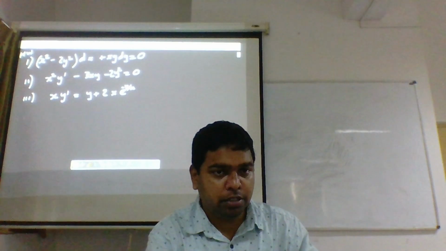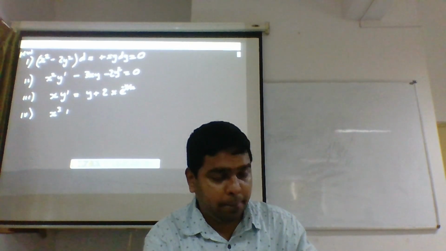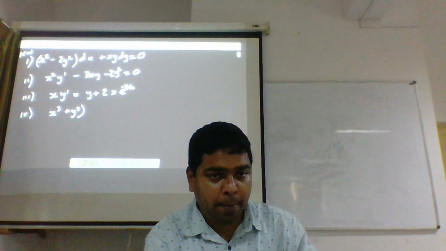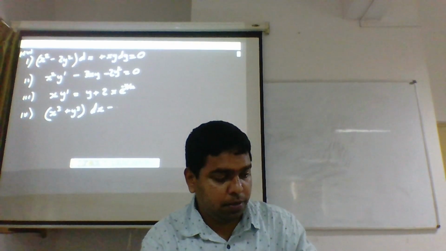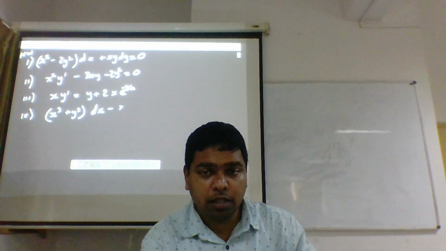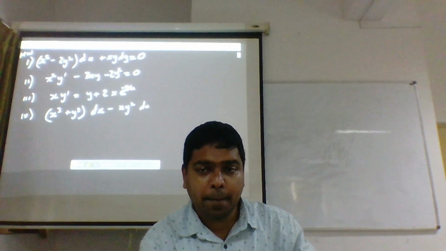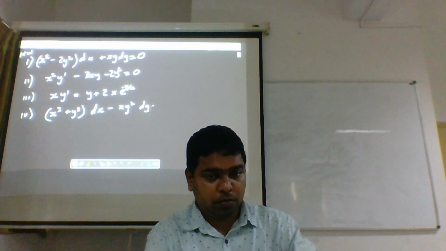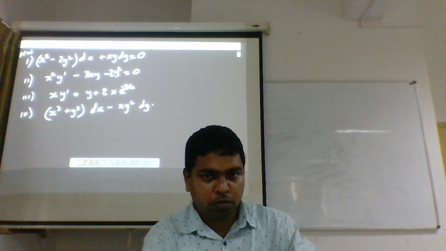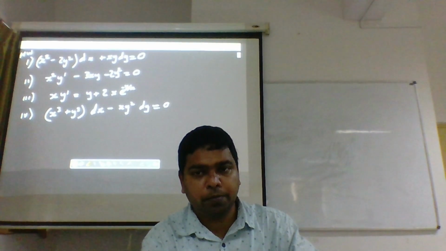Next, the fourth one: x cube plus y cube dx minus xy square dy is equal to 0.